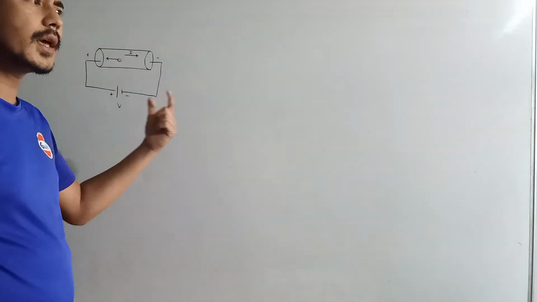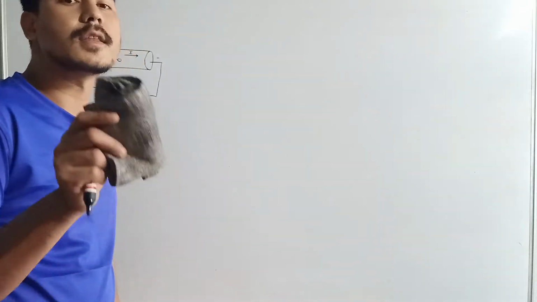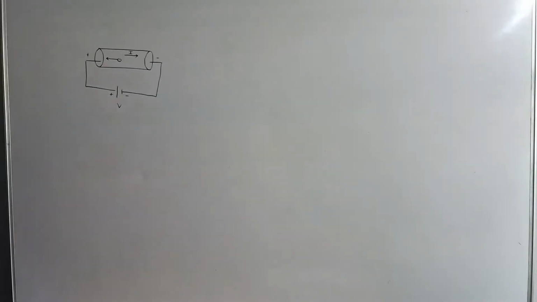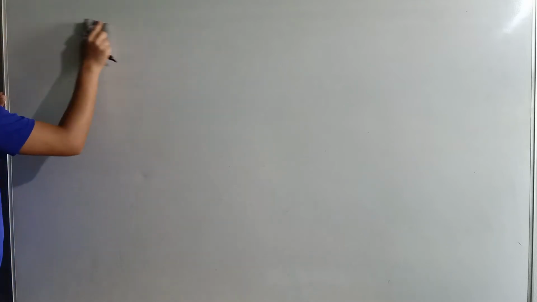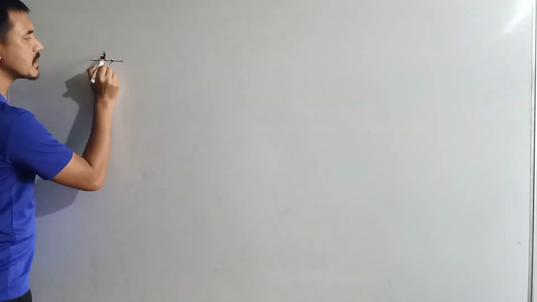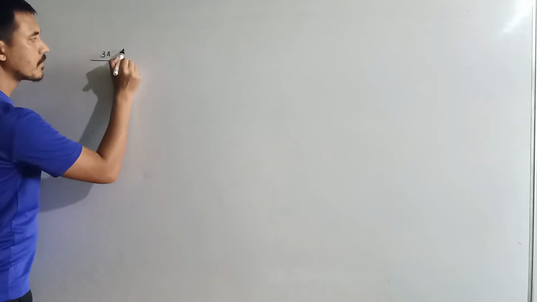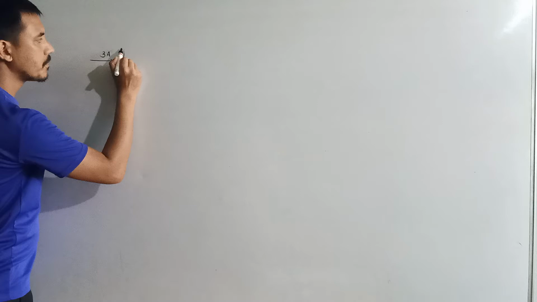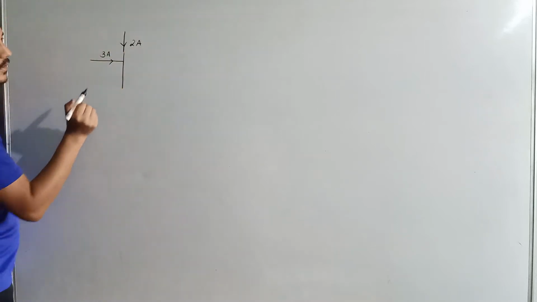For a quantity to be a vector, it must obey the vector law of addition. Now let's see, current has a direction, but why is it not a vector quantity? Suppose a current of 3 ampere flows in this direction and a current of 2 ampere flows in this direction.